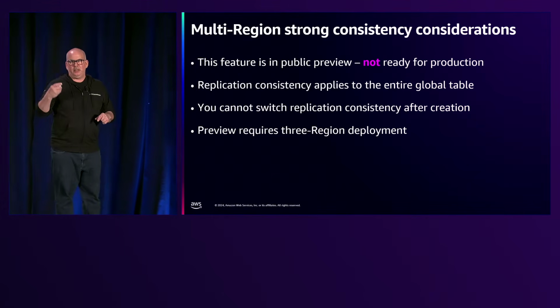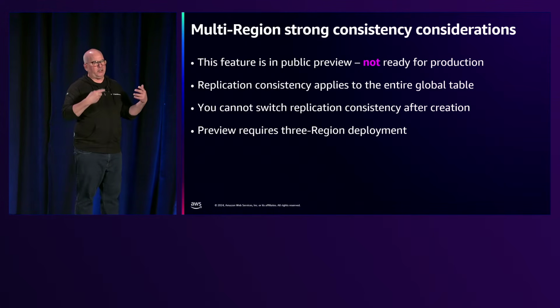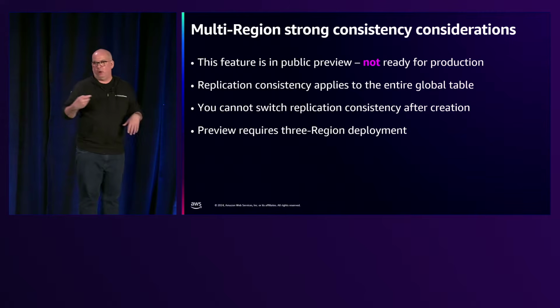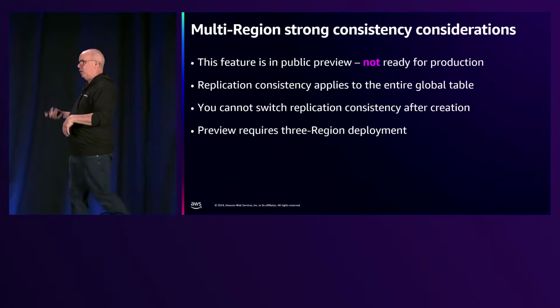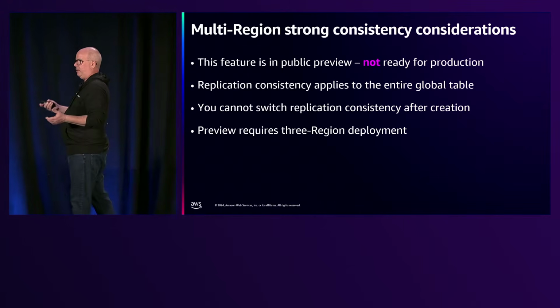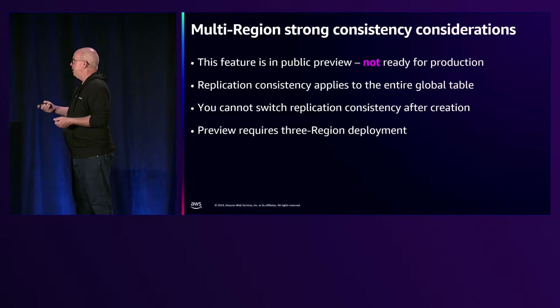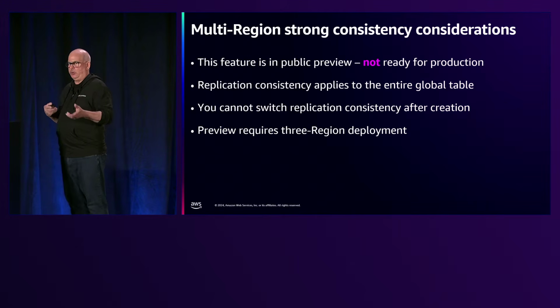Replication consistency applies to the entire global table. You configure it when you create the global table, and you can't mix and match replicas within a global table. So if you have a multi-region, strongly consistent global table, that means every single replica in it participates in strongly consistent replication. And you can't change after you create the global table.